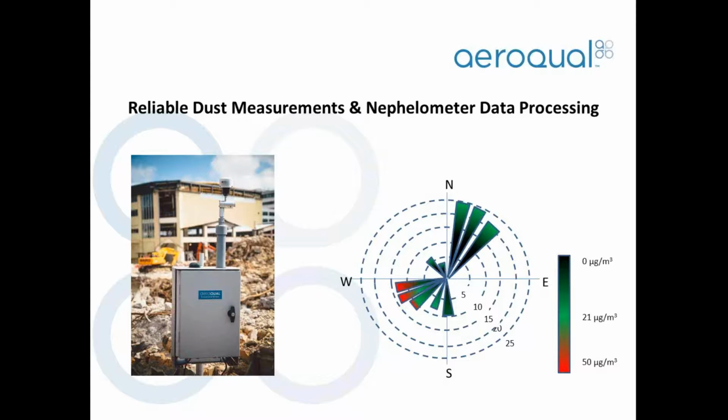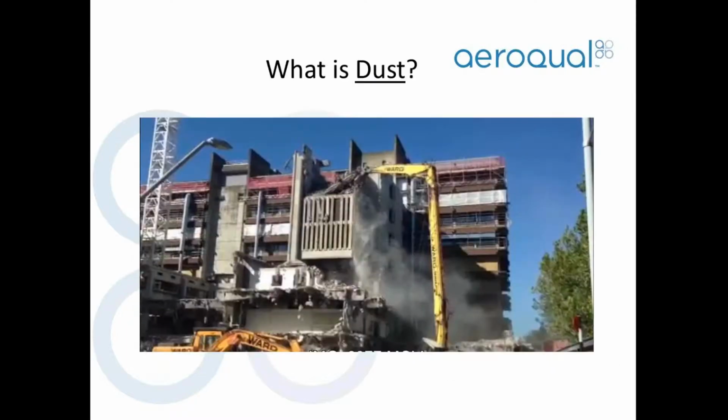Talk to you a little bit about siting instruments for reliable dust measurement and understanding some of the limitations of some dust monitors and how we can overcome those. And then towards the end of the presentation, I'll be talking to you a little bit about data processing from dust monitors and common and popular ways of presenting some of the data that are generated from dust monitors.